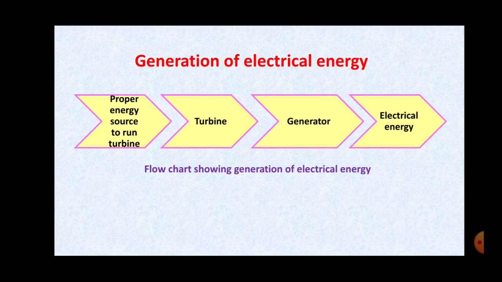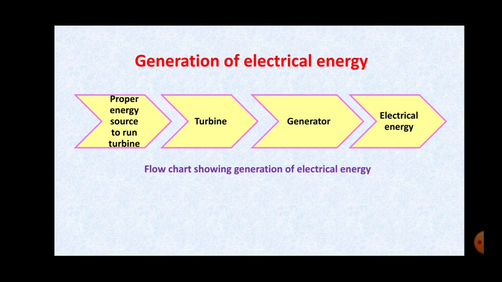So when a liquid or a gas is directed on the blades of the turbine, it starts rotating and the kinetic energy from the source runs the turbine. Now this turbine is connected to the generator, and thus the electric generator starts rotating and electric energy is produced. So this is the generation of electrical energy.